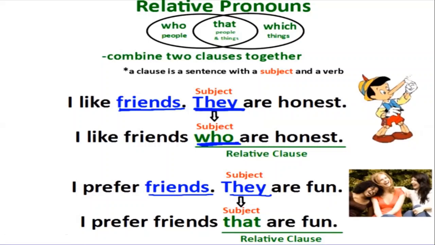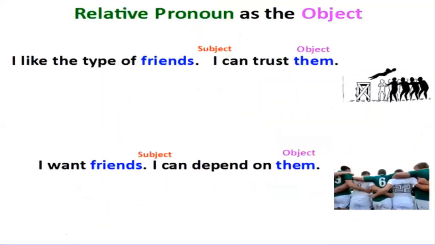Yes. All right, let's move on. Those were relative pronouns as subjects, and now let's work with them as objects, right? Now let's take a look at these two sentences right here. I like the type of friends. I can trust them.